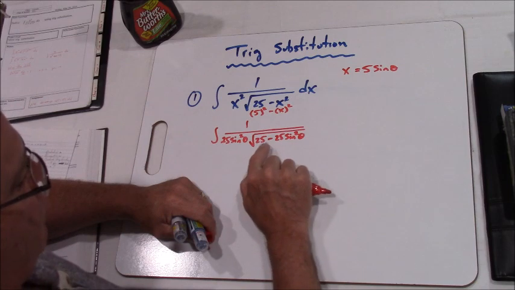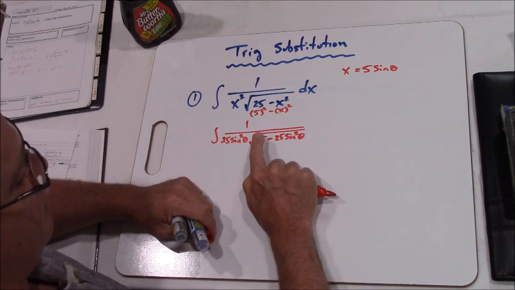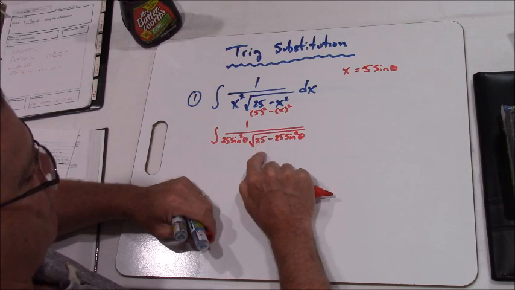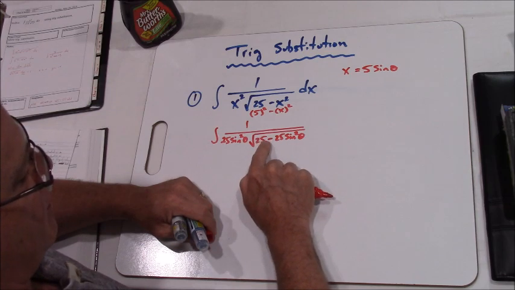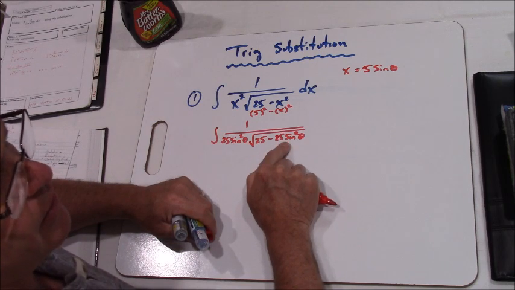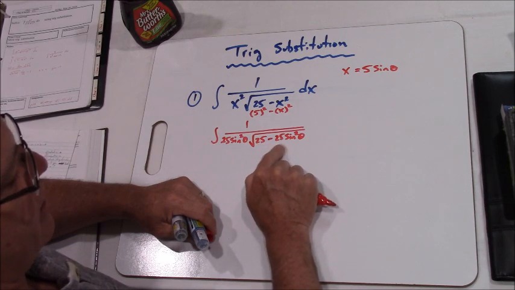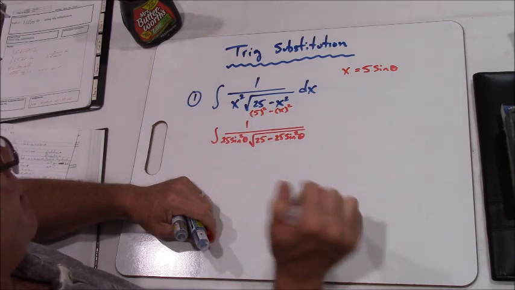And remember, in our rule, we said this whole thing, once I factor out the 25, the square root of 25 is 5, and then 1 minus sine squared theta, that's the same as a cosine squared theta, and the square root of that would be a cosine. So this whole thing is going to become 5 cosine theta. All right, we'll get to that here in just a minute.